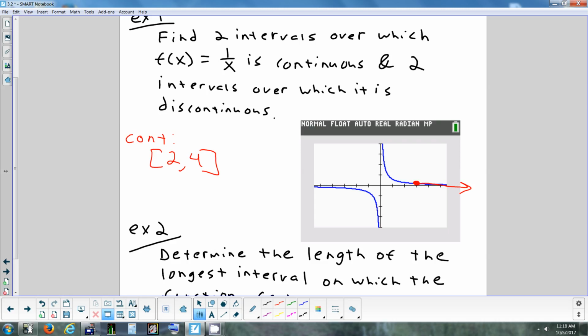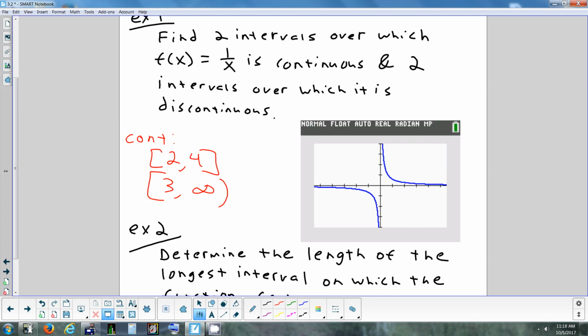You'd never get to infinity, but you'd never lift your pencil as you're approaching it. So from 3 to infinity. Do you want to include 3 or not including 3? It doesn't really matter whether you trace from 3 or 3.00001. It's basically the same thing. So those are two intervals you could trace between. One's bounded, one's unbounded. That's fine. The directions didn't say.